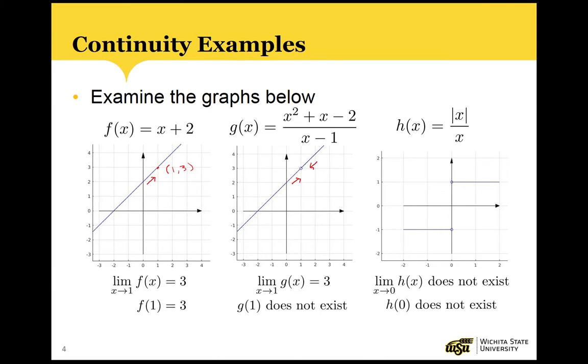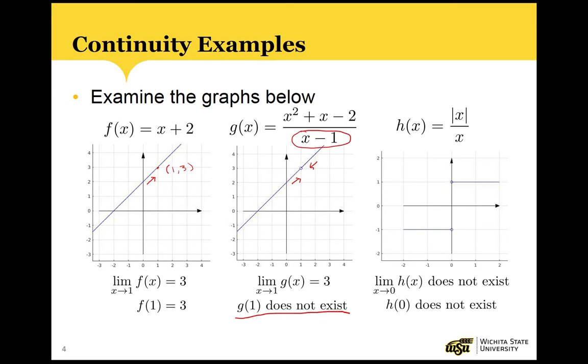However, you'll notice that down here we say that g of 1 does not exist. That is because there is a hole in the graph at x equals 1 because of our denominator, which doesn't allow us to plug 1 into the function because we would be dividing by 0. So in this case, the function fails to be continuous because I cannot draw the entire picture without lifting up my pen to skip that one point.